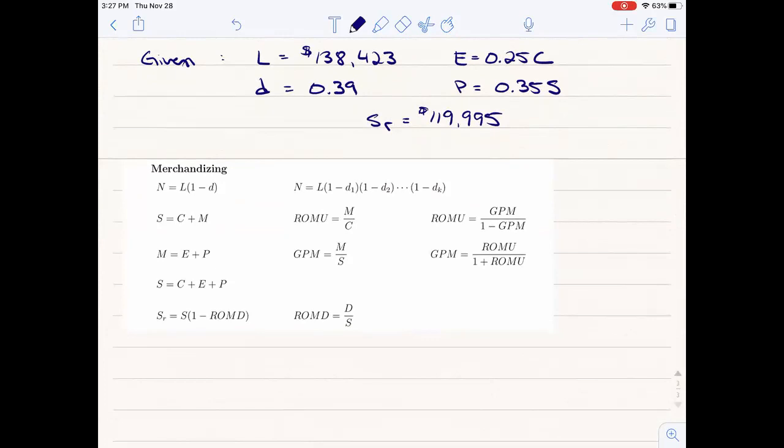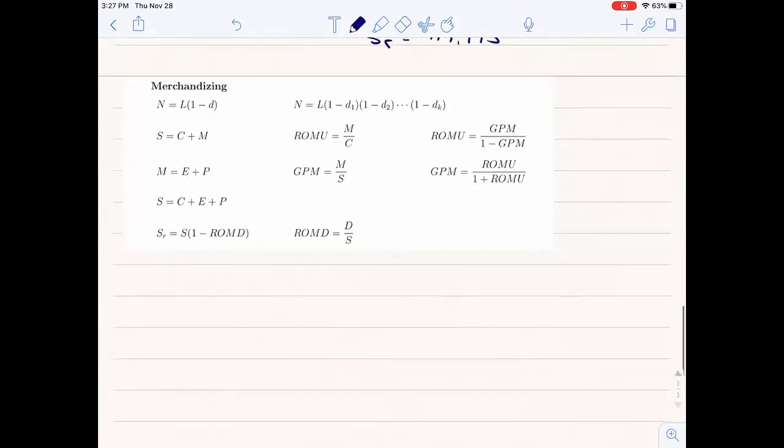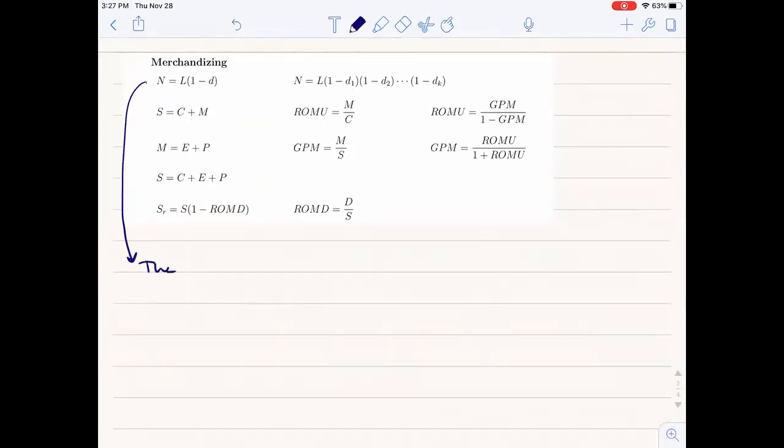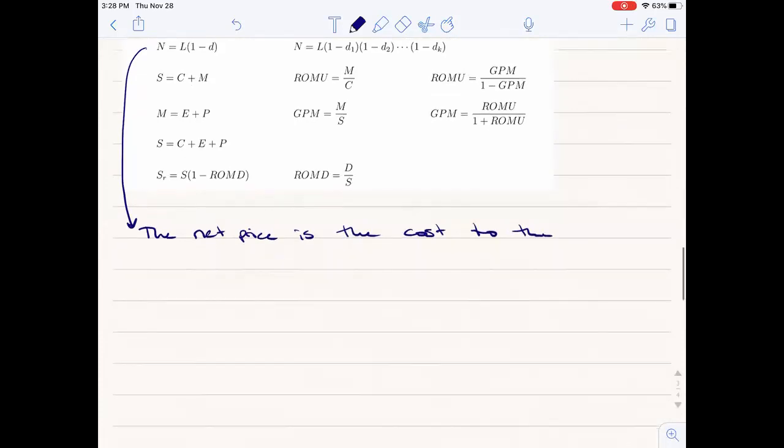The key here is that the net price is the cost, right? That is the cost to the dealership. So the net price is the cost to the dealership.